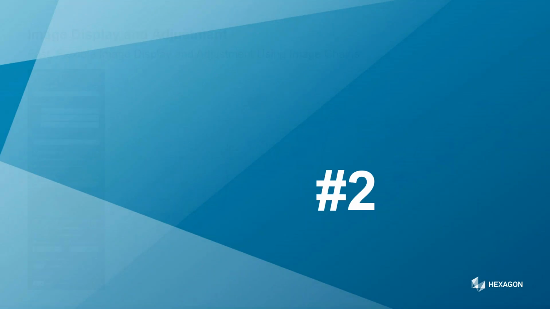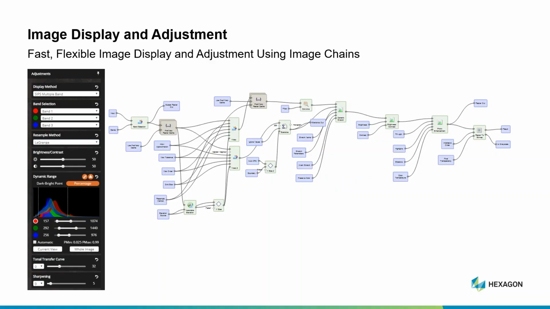And the number 2 on my list is the image display and adjustment function. So in M.App X, I can display the image in different ways depending on what information I am looking out for. So for different types of images, I have different display methods that use a variety of image processing algorithms.